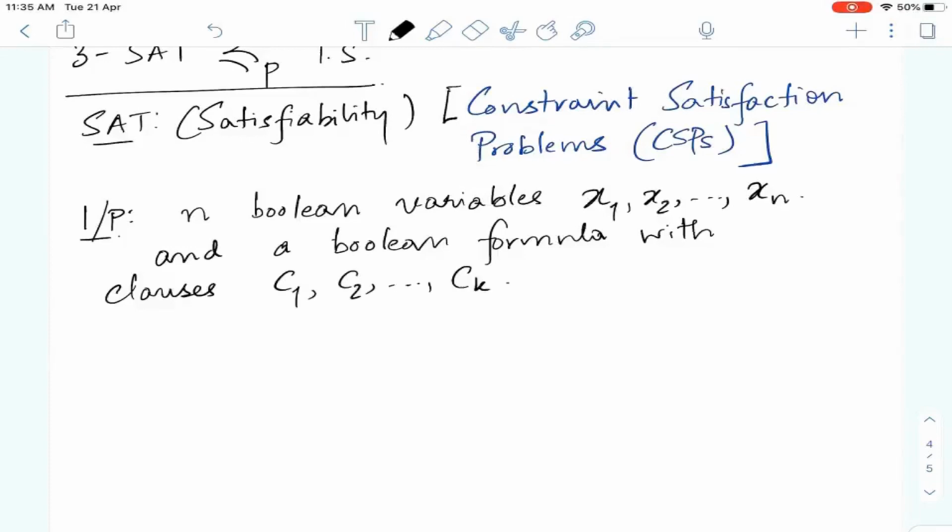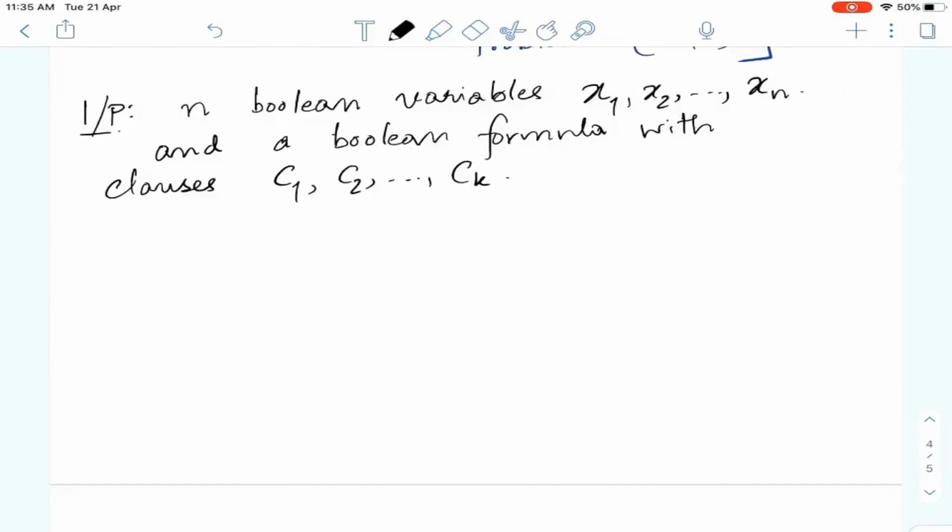And what is a clause? Well, any Ci looks something like this. Let me give you an example actually.